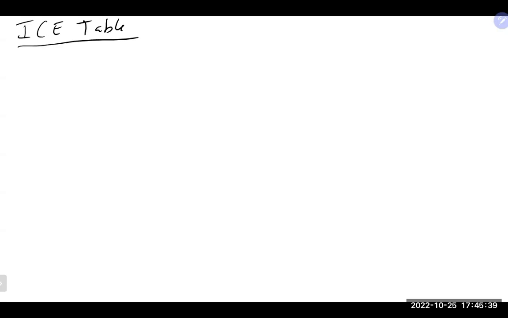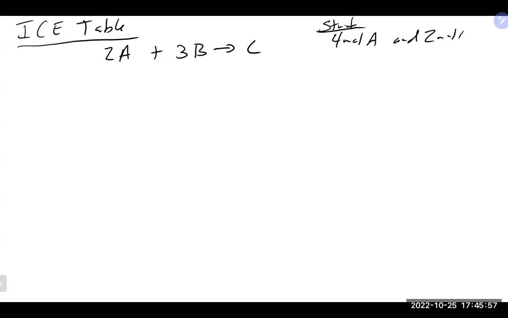So if we were to do the same calculation of what we just did, we would take our equation, which was 2A plus 3B goes to C. And again, we're starting here with 4 moles of A and 2 moles of B. So when we do an ice table, we do the same couple of steps to start the problem.